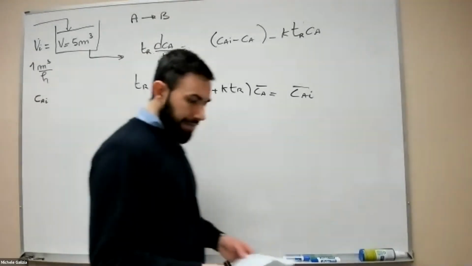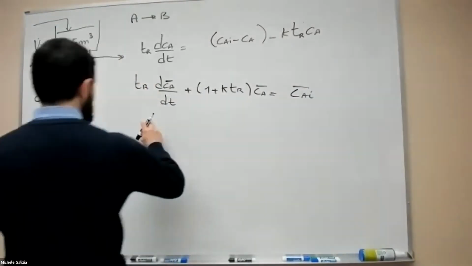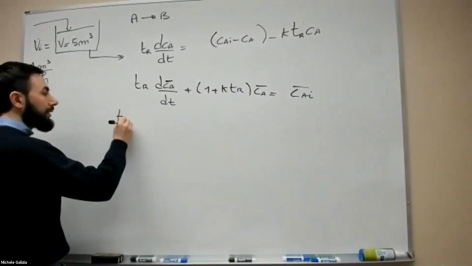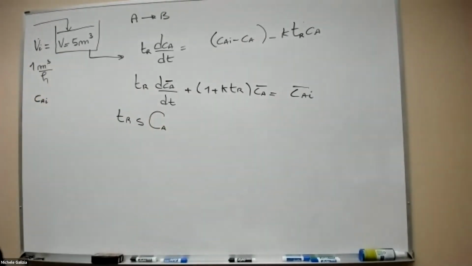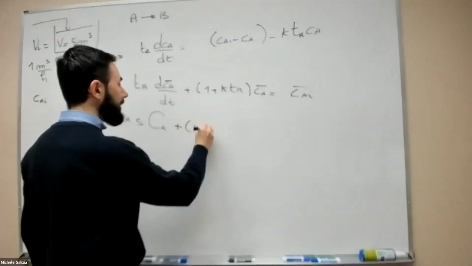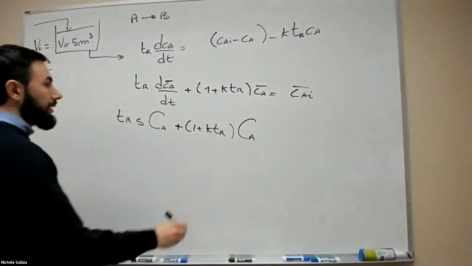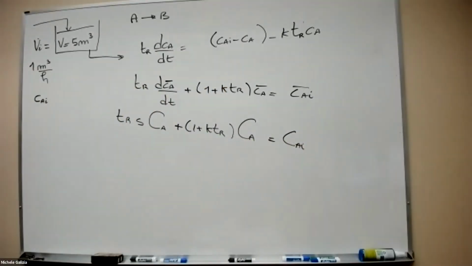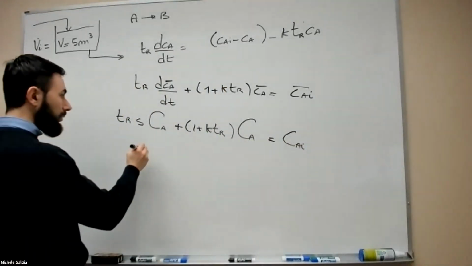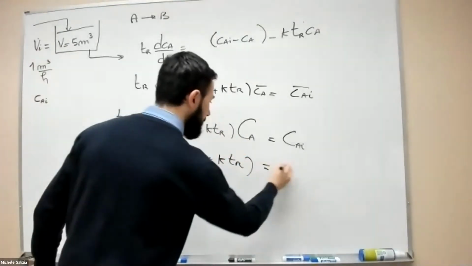Next step is to transform with Laplace. So we have TR s CA capitalized plus CA capitalized plus K TR CA capitalized equal to CAI capitalized. Now we can collect CA capitalized here.